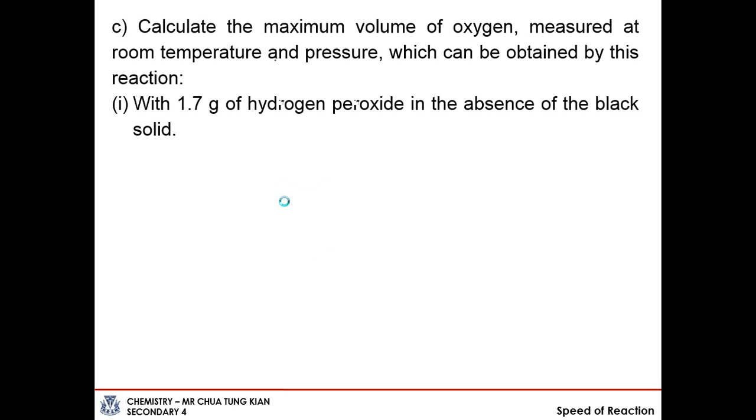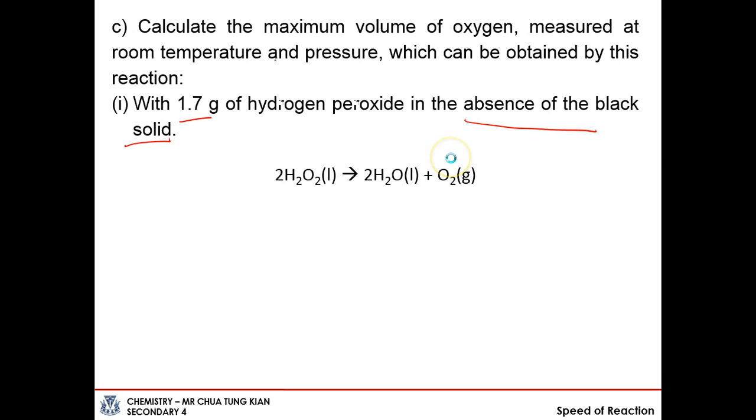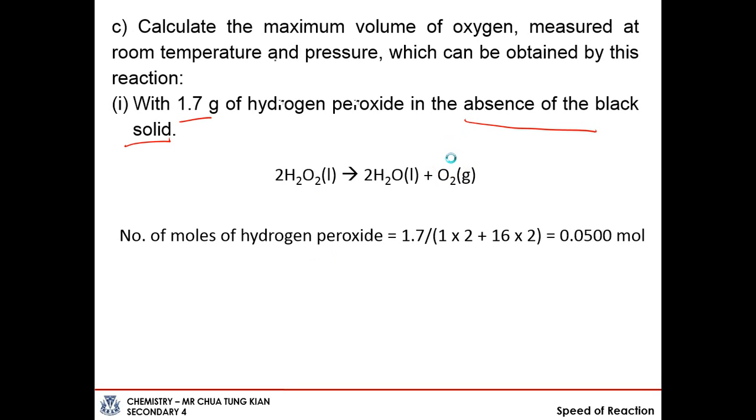The next part is to calculate the maximum volume of O2 evolved at RTP. We have 1.7 grams of hydrogen peroxide in the absence of the black solid. Based on the earlier equation, we can first calculate the number of moles of hydrogen peroxide. This is simply mass divided by the molar mass of H2O2, and we have 0.0500 moles.